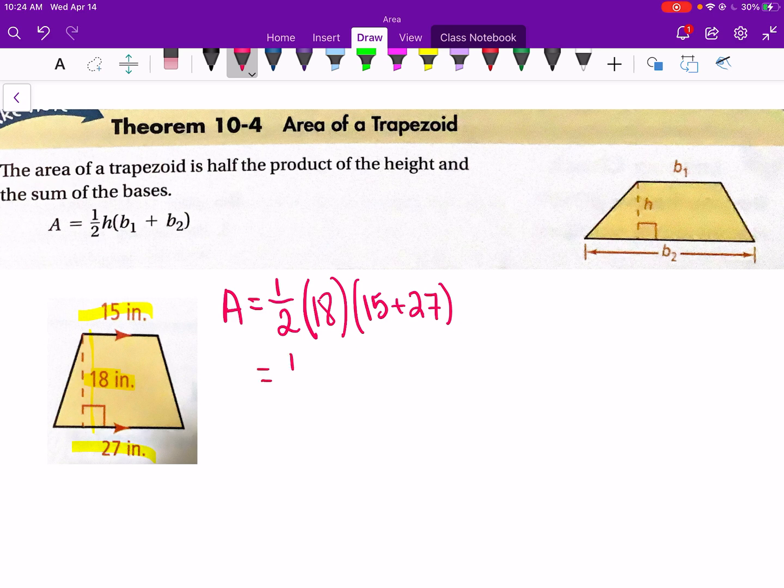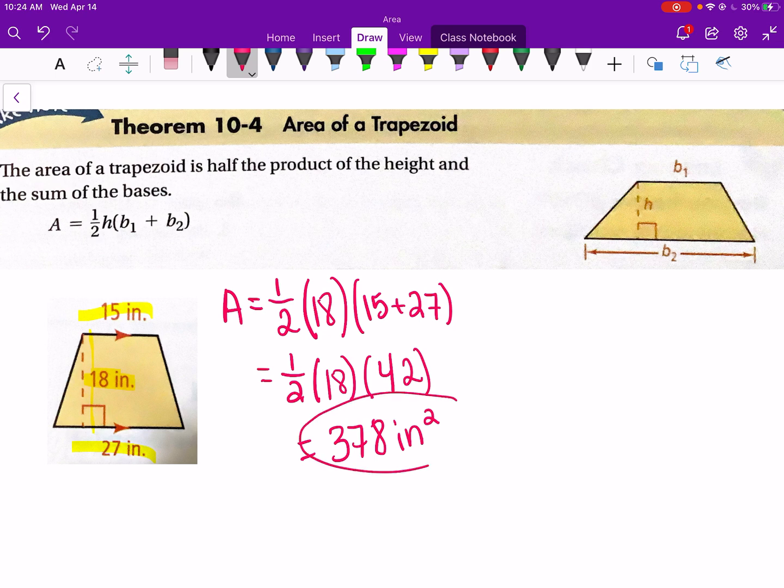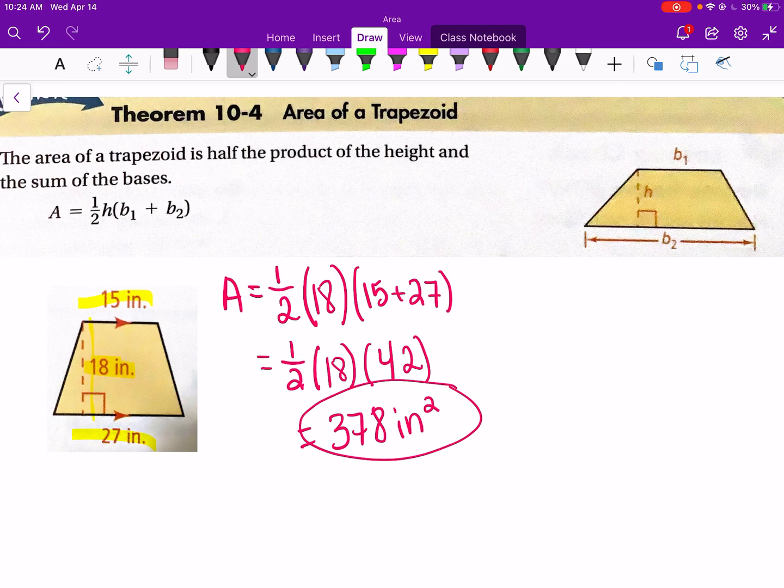And then we just solve. So this gives us 1/2 times 18 times 42, which ends up being 378 inches squared. Remember, since we are talking about area, it is inches squared, not just inches.